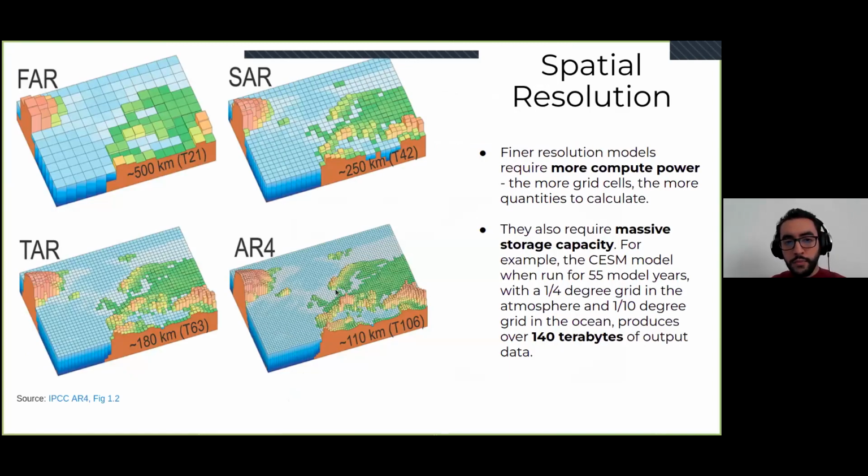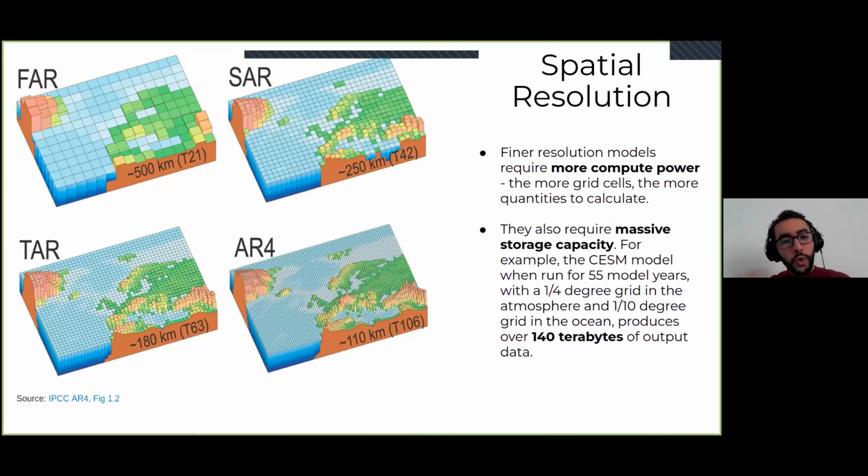So for example, there were a lot of models developed through time, and models started to become better and better, because actually it's just a matter of computing power and storage capacity.